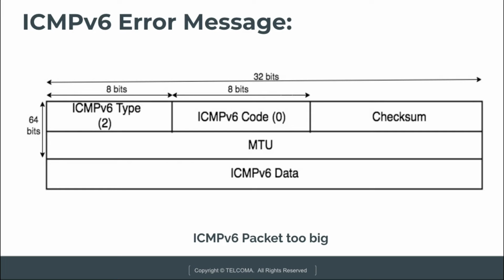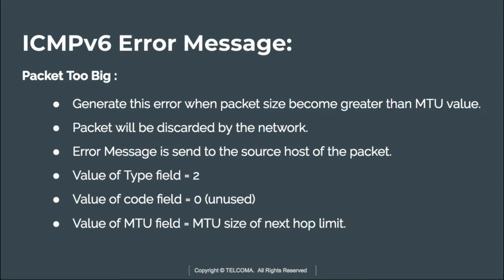The rest of the format is the same, but there is an MTU field in between, the maximum transmission unit. This error is generated whenever the packet size becomes greater than the maximum transmission unit value.